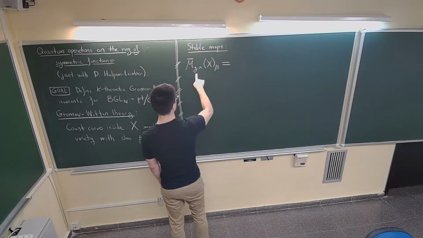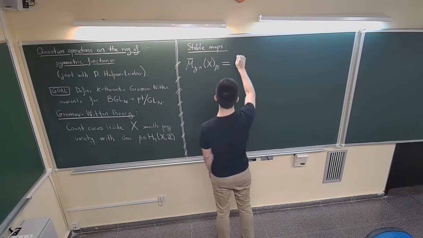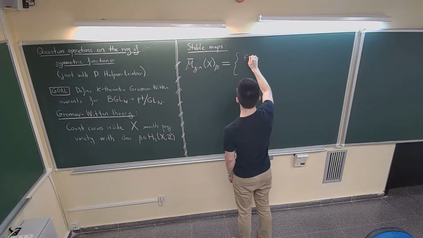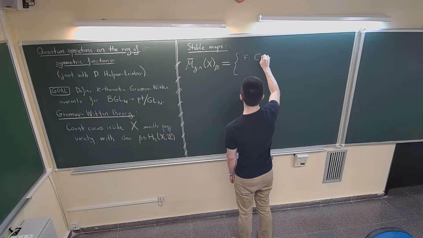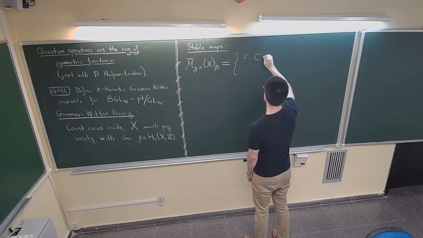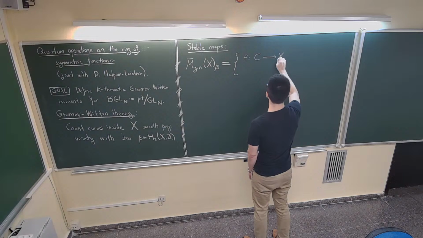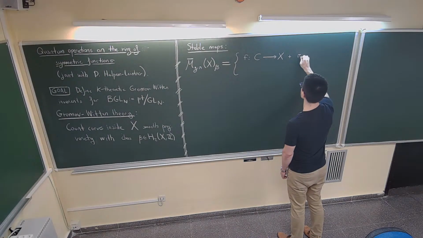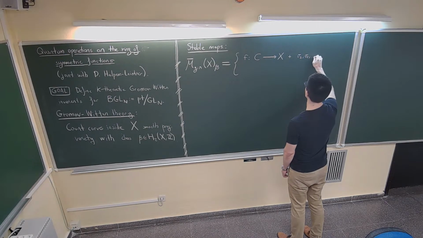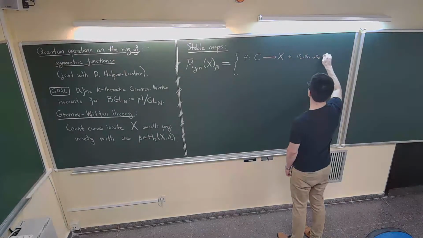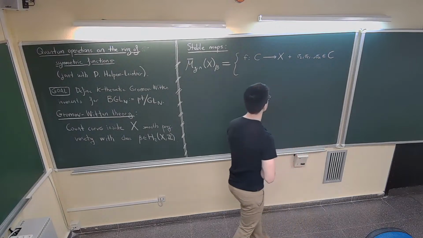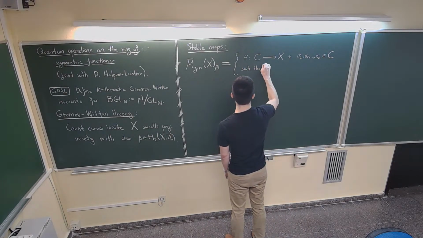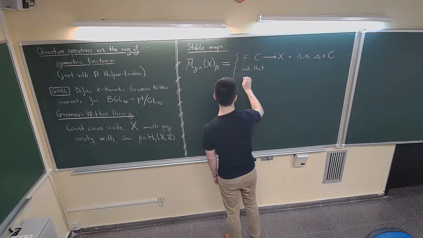So I'm introducing some parameters in here. It's going to parameterize morphisms from a curve C into X, plus some number of markings, so some number of points inside of C, such that the following hold.